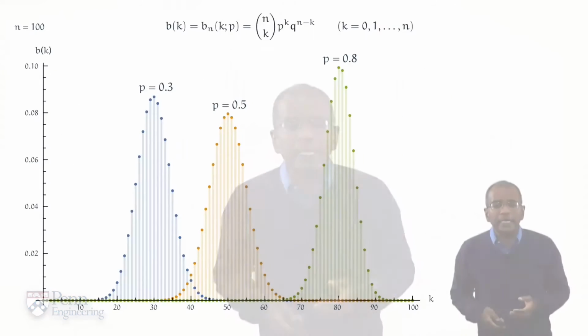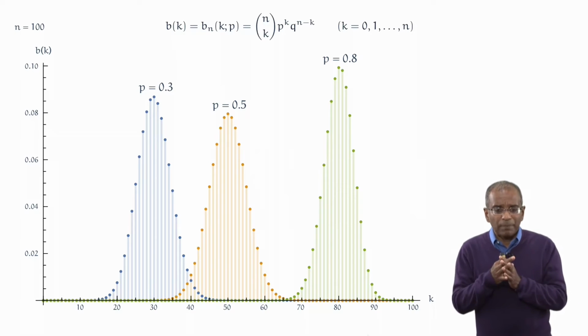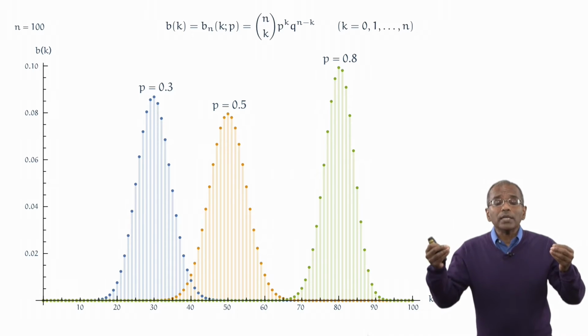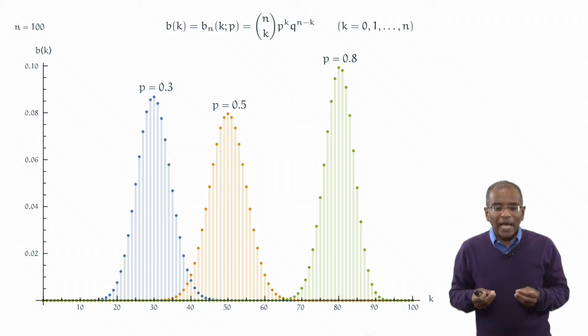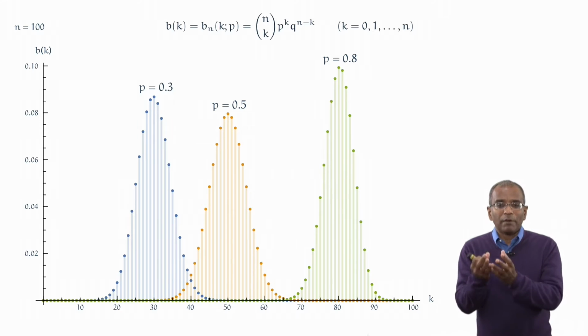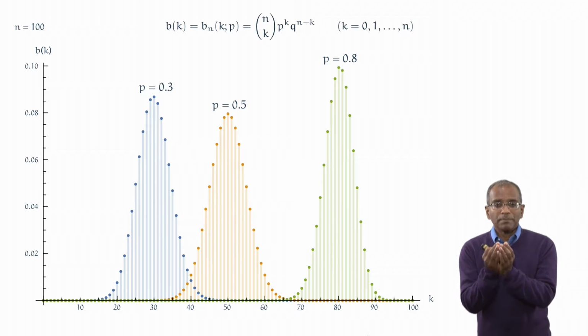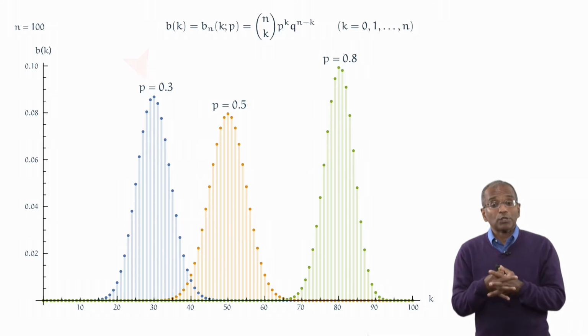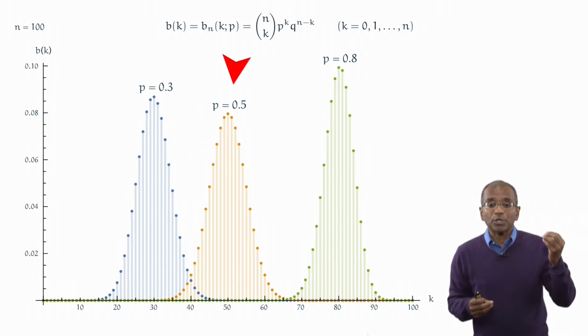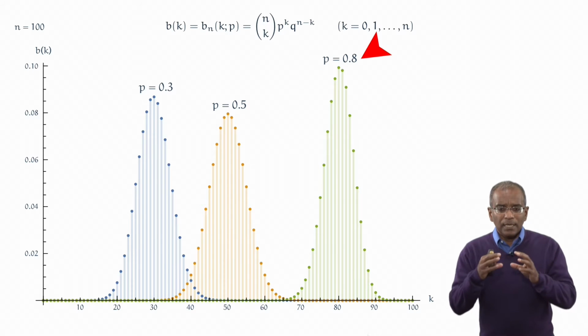So let's begin by taking a look at a familiar picture. Consider the setting where the number of trials is fixed at 100, and consider the effect of varying the bias probability p. So we have three figures on our picture corresponding to p equal to 0.3, p equal to 0.5, a fair coin, and p equal to 0.8.